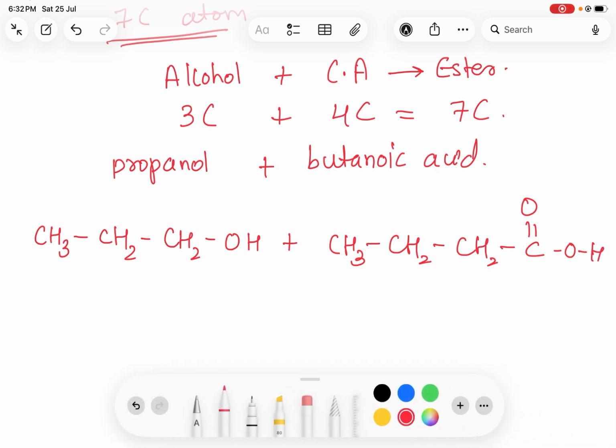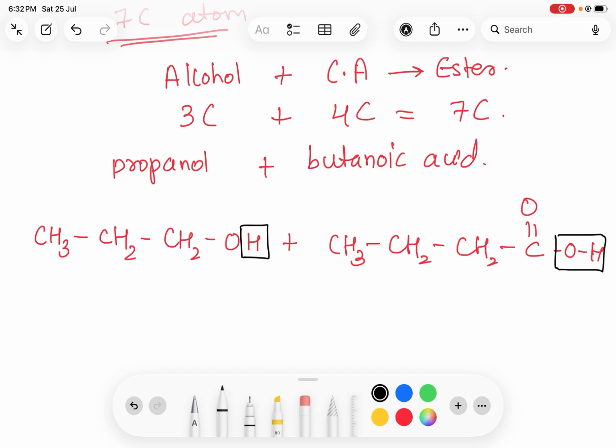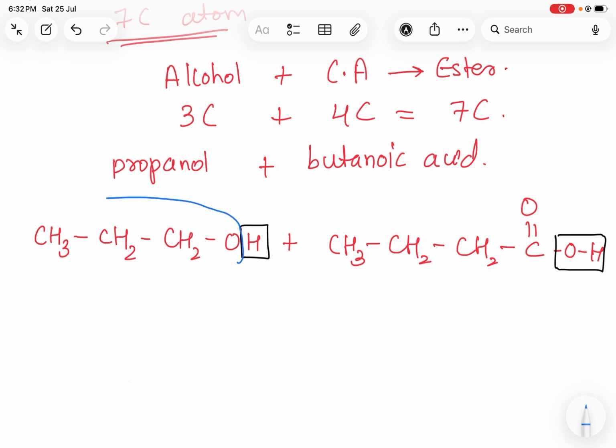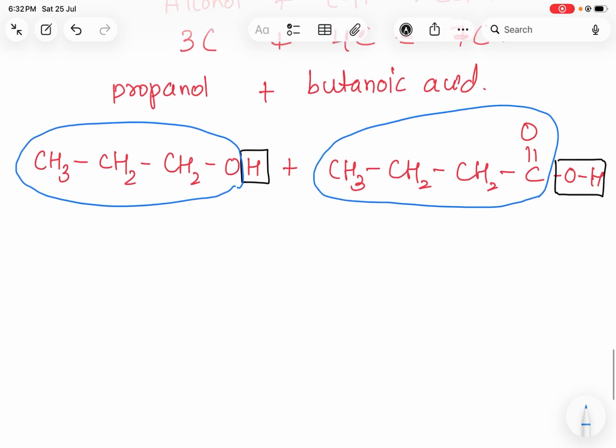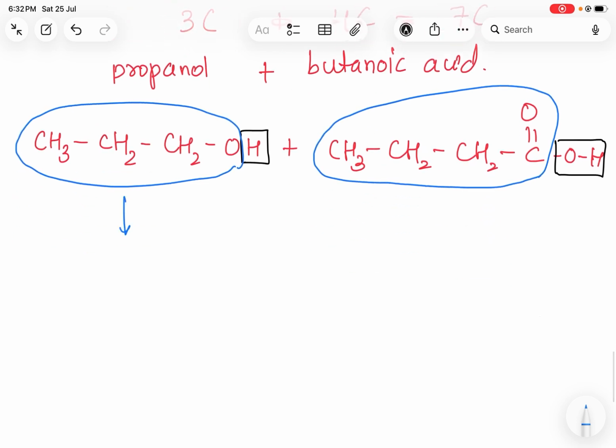Okay, now I have to remove hydrogen from alcohol and OH from carboxylic acid and copy down the same structure as it is. Okay, so it is CH3, CH2, CH2O. Now copy down this structure.